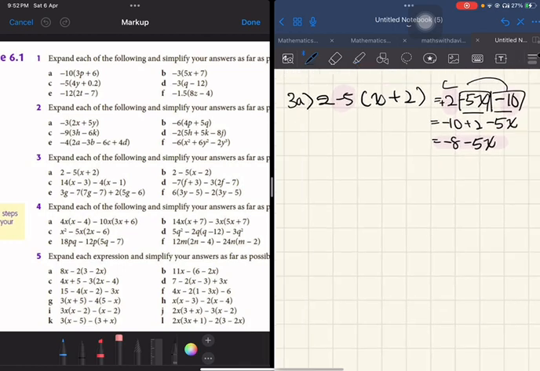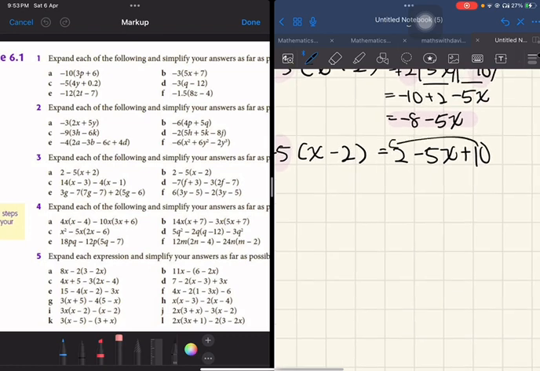Now for 3b, okay, this is almost the same question. The same thing, only look at the number here. So negative 5 times x, you're going to get negative 5x. Negative 5 times negative 2, you're going to get plus 10.